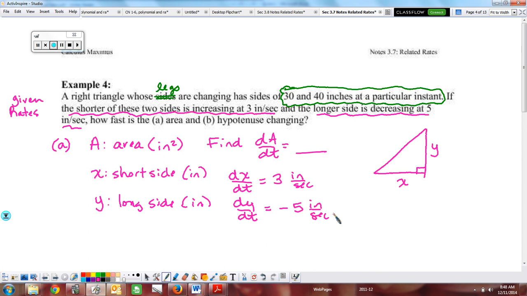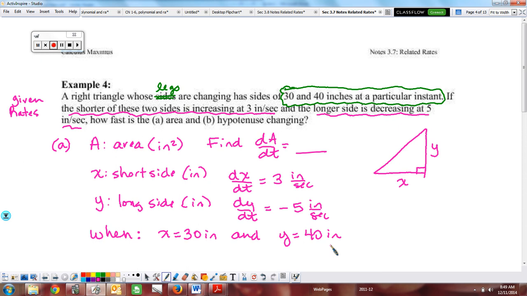So I have my variables, the rate I'm looking for, the rates I was given, and a little picture. The last thing I was given is the when, and the when I'm interested in is when x equals 30 inches and y equals 40 inches.